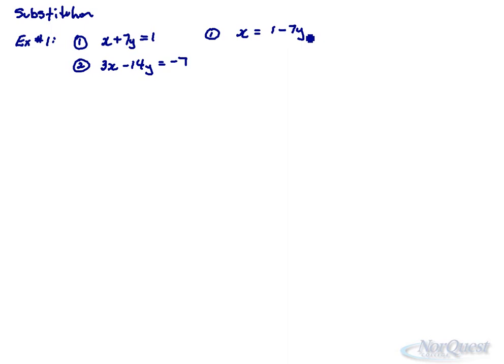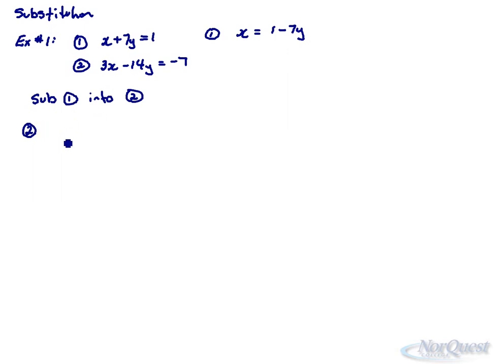So what I'm going to do with the substitution method is take equation 1 and sub it into equation 2. And what this does is it makes equation 2 one equation with one unknown.